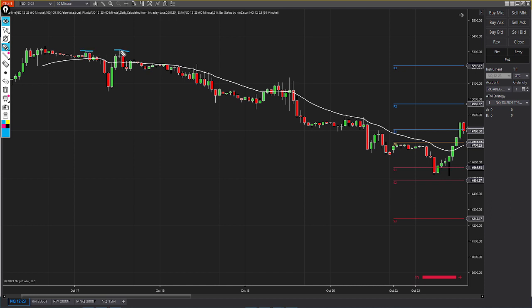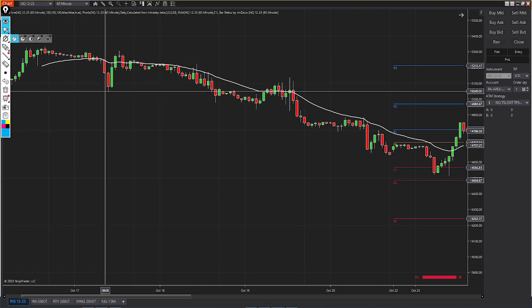Some people will say that this is a new high and this is a new low, and some people will draw their Fibonacci retracement like so.